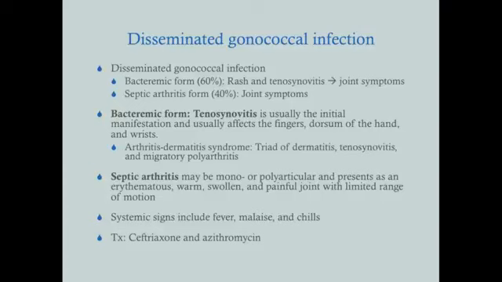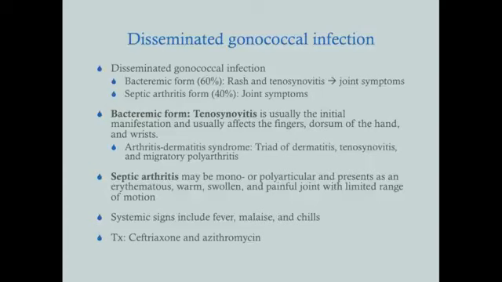Regardless of what form you have, and one can lead into the other, the presentation is going to be asymmetrical. So you're not going to have both hands affected or both knees affected. It's going to be asymmetrical. With the bacteremic form, tenosynovitis is usually the initial manifestation, often affects smaller joints, the fingers, the dorsum of the hand, the wrists, and in most cases you're also going to have a rash.